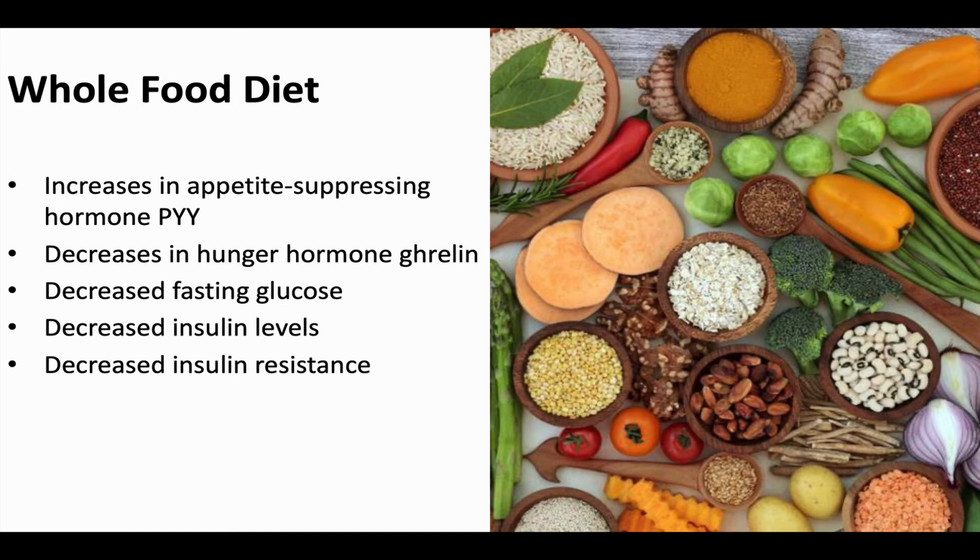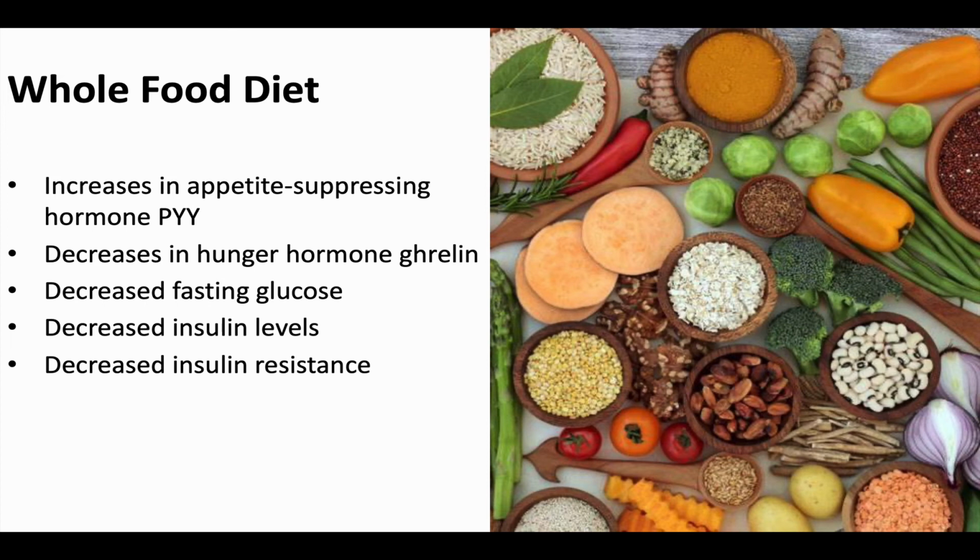On the whole food diet, we see some of the benefits that we saw from the fiber, right? So increases in the appetite suppressing hormone PYY, the satiation hormone. Decreases in ghrelin, so more satiation and less hunger from ghrelin.